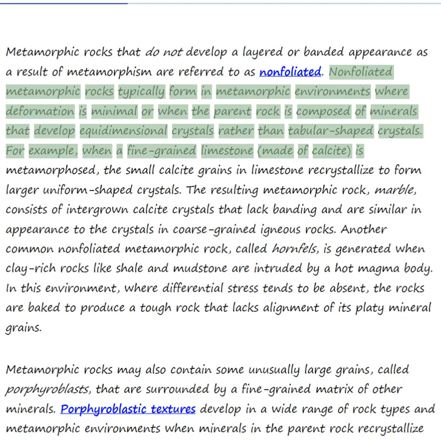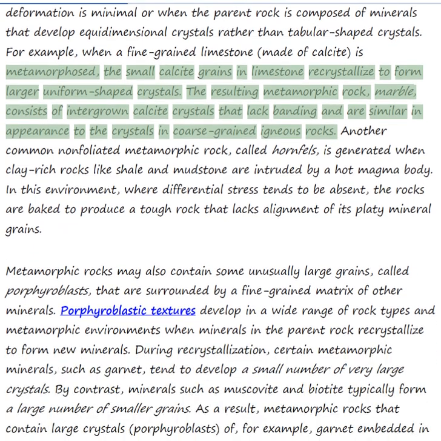For example, when a fine-grained limestone is metamorphosed, the small calcite grains in limestone recrystallize to form larger uniform-shaped crystals. The resulting metamorphic rock, marble, consists of intergrown calcite crystals that lack banding and are similar in appearance to the crystals in coarse-grained igneous rocks.